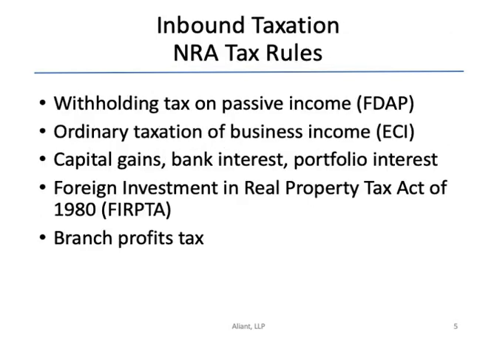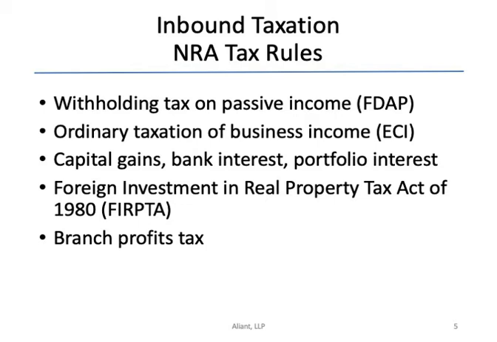So for the rest of the time, let's move on to slide number 5, and let's talk about the different categories of income, the different tax rules that apply to foreigners, and how the United States taxes foreigners with respect to their U.S. sourced income.